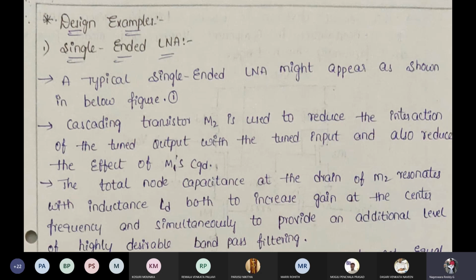The total node capacitance at the drain of M2 resonates with the inductance LD, both to increase the gain at the center frequency and simultaneously to provide an additional level of highly desirable band pass filtering.